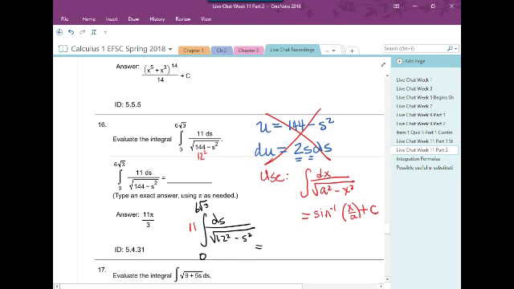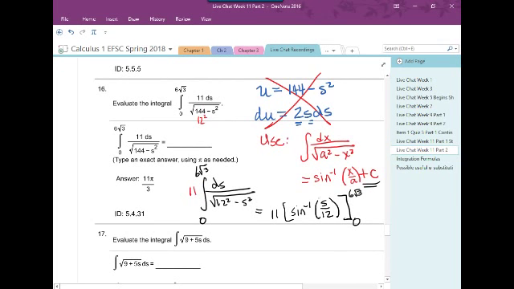So this is going to be 11 times the inverse sine of x over a, in this case s over 12, evaluated. We don't put the plus c because it's a definite integral. Evaluated from 0 to 6 times the square root of 3.